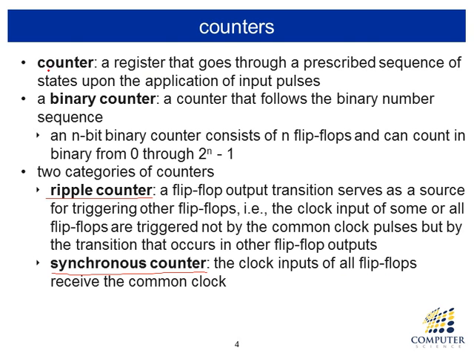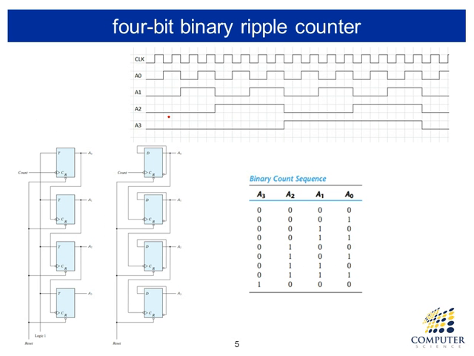And as I told you, a counter is a special case of a register. If the output tells the binary number sequence, we call it a binary counter. So here is an arrangement of a 4-bit binary ripple counter, using T flip-flops. Remember the behavior of a T flip-flop.